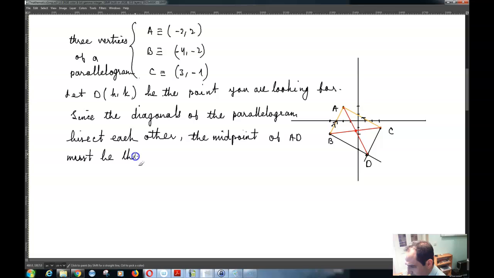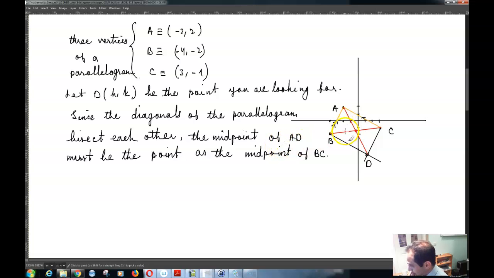It must be the same point as the midpoint of AD and BC over here.